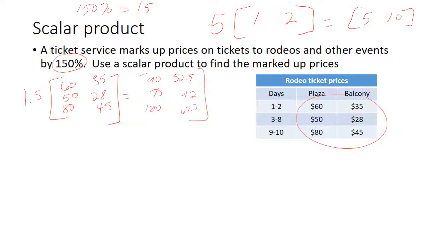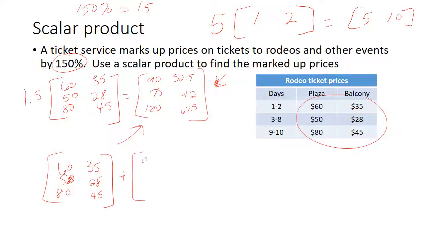So this is how much the prices get marked up by. So the actual prices that people would pay for their tickets is going to be our 60, 50, 80, 35, 28, 45, plus our new markup numbers here.